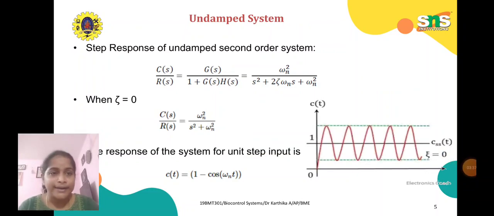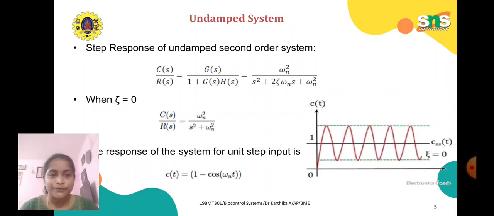Now the step response of the second order system: C of s by R of s is equal to G of s by 1 plus G of s into H of s, which is equal to omega n square by s square plus 2 del omega n s plus omega n square. When del equal to 0, C of s by R of s is equal to omega n square by s square plus omega n square.